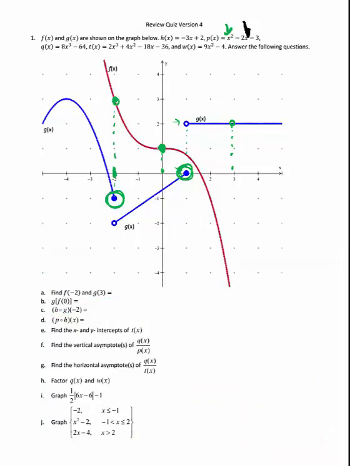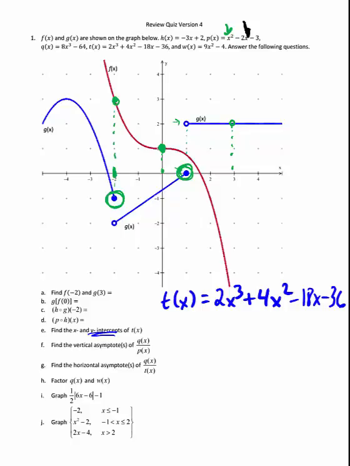Next, for letter E, it says find the x and y intercepts of t of x. T of x is equal to 2x cubed plus 4x squared minus 18x minus 36. So I'm going to do the y-intercept first. That one's a little bit easier.